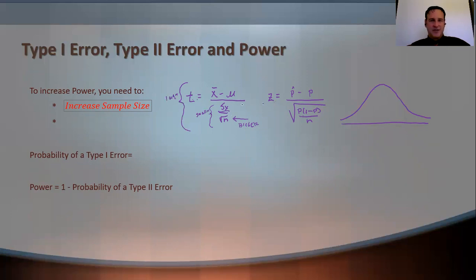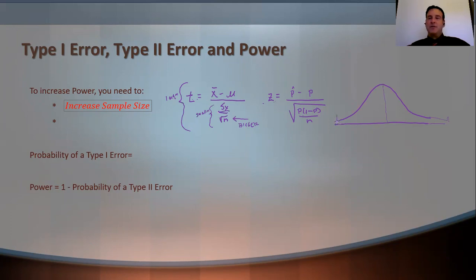And if this gets smaller, then the entire test statistic gets larger. When I say larger in the positive direction, that means you are moving more and more to the right. If it's a larger negative value, let me be careful about how I say that, it's the absolute value of that negative test statistic that will move out more to the left.